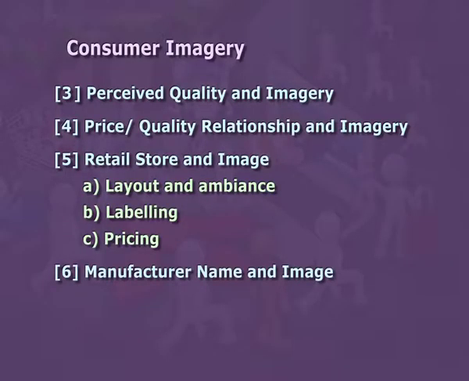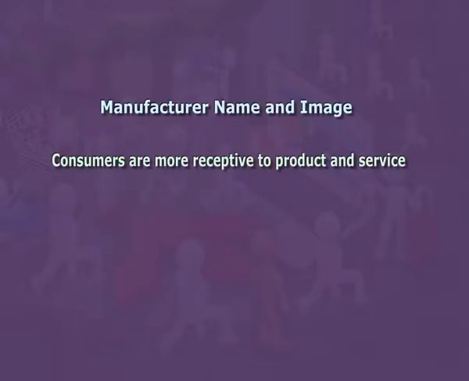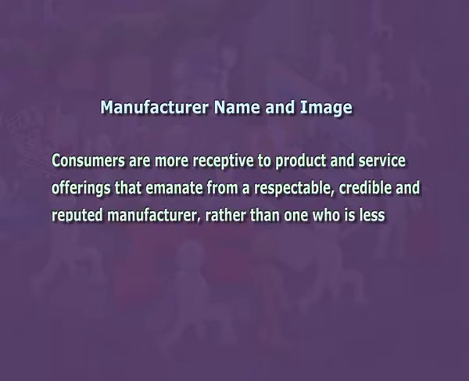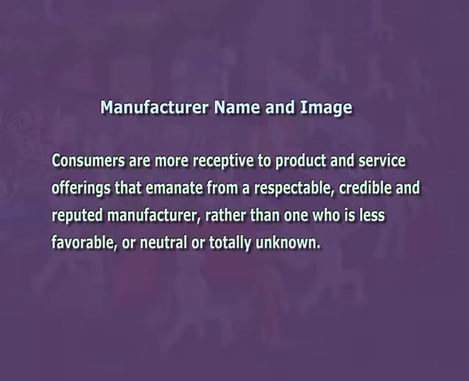Now, point D is manufacturer name and image. Consumers are more receptive to product and service offerings that emanate from a respectable, credible and reputed manufacturer rather than one who is less favorable or neutral or totally unknown.